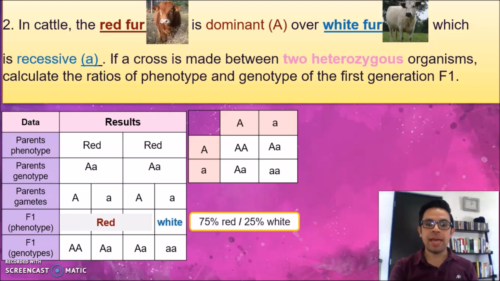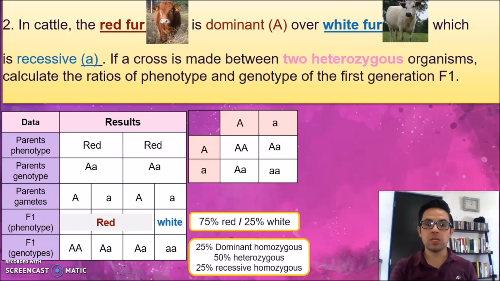So in the case of the phenotype, we'll have 3 squares with uppercase, 75% chances of being red 4, and just 1 square of having white 4, which is the 25%. The same will happen with the ratios of the genotypes, 25% being dominant homozygous, 2 uppercase, 50% being heterozygous, which means 1 upper and 1 lowercase, and 25% being recessive homozygous, 2 lowercase letters.